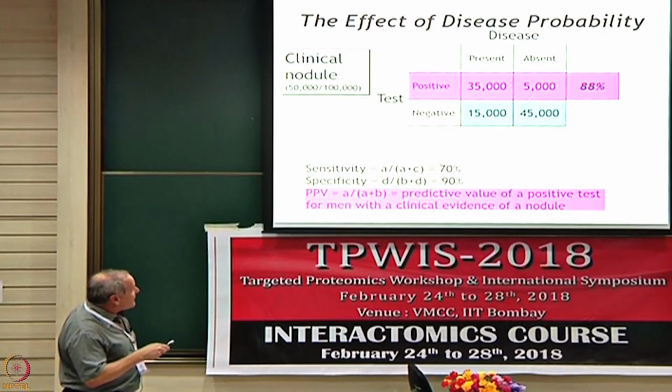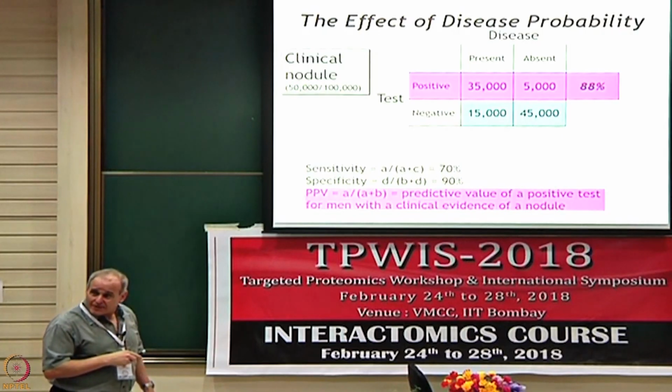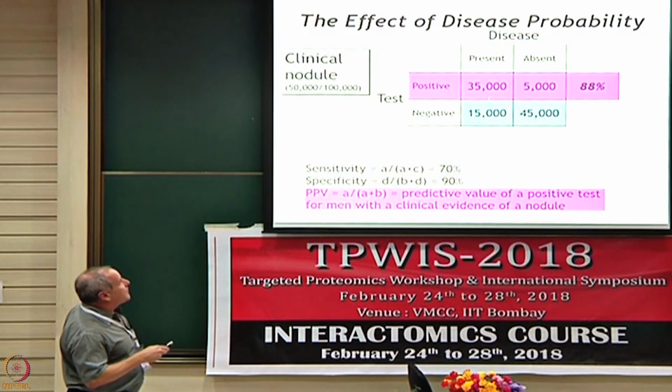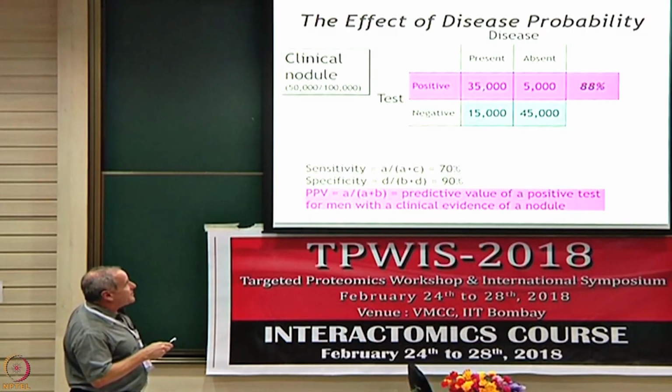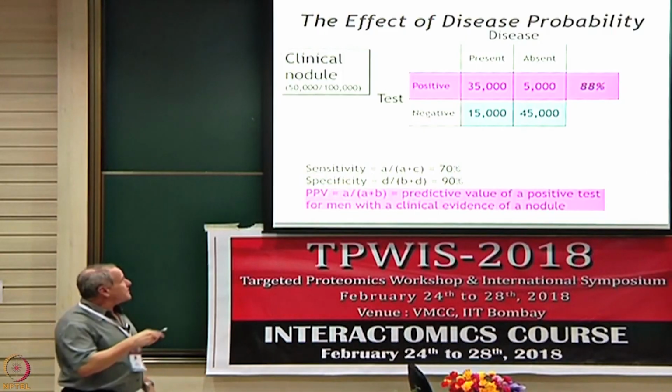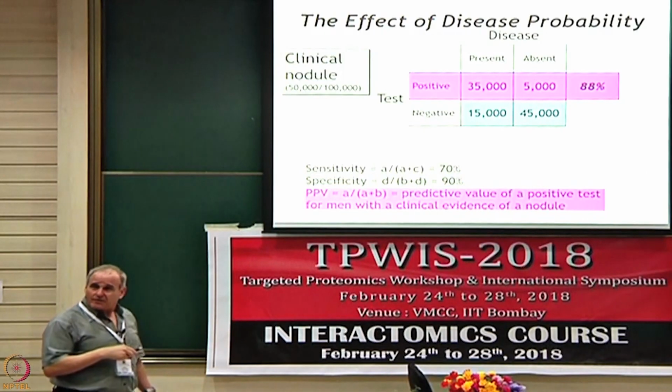So 50,000 have it and 50,000 don't. So that's appropriate, right? Remember I said that it has a 70% sensitivity? So that means of this number here, 70% or 35,000 are positive. And remember I said that it had a 90% specificity. So of this number, 45,000 don't have it, right? So these numbers all add up to these numbers here. You believe me?